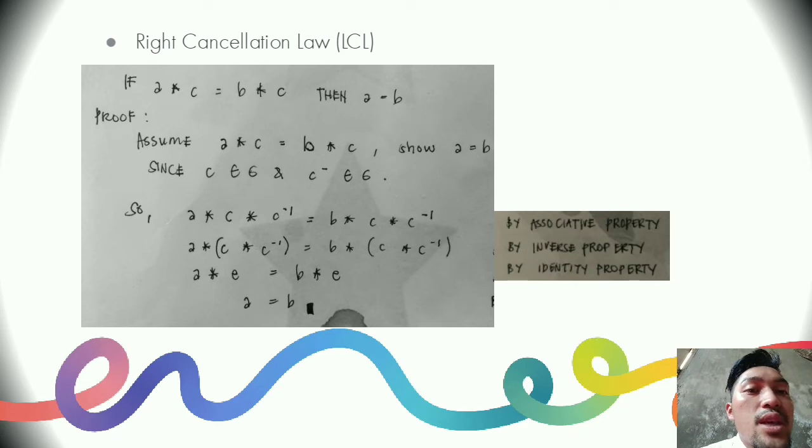By the associative property, we combine C and C inverse, and then we have the inverse, and we get E. And by the identity property, we operate A star E, and we will have A, and B star E, and we will have B. So A equals B, and the theorem is proved.